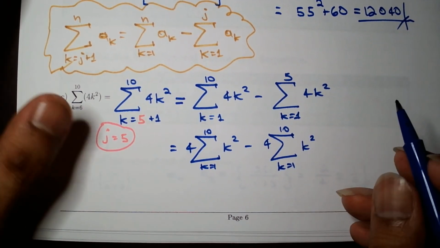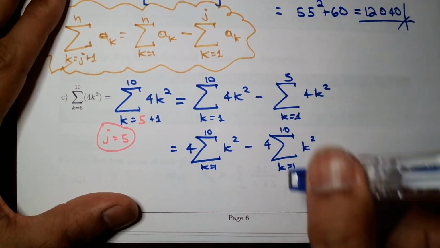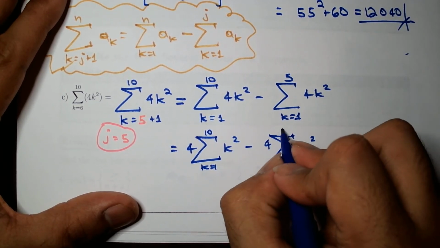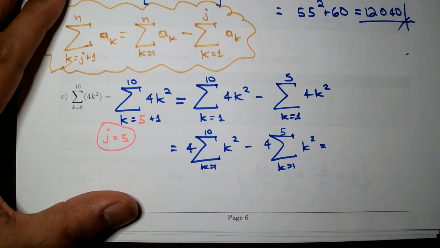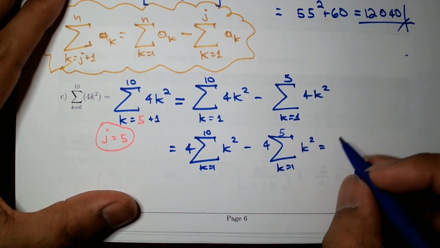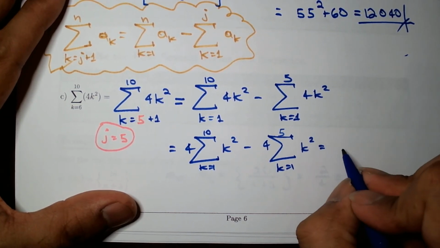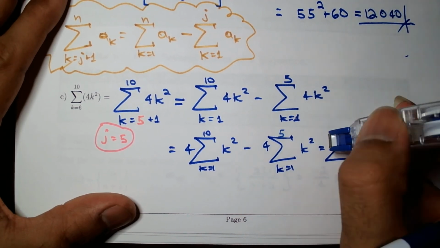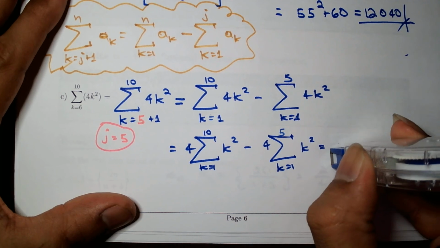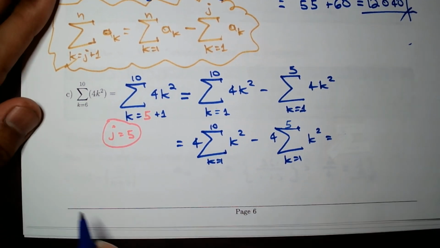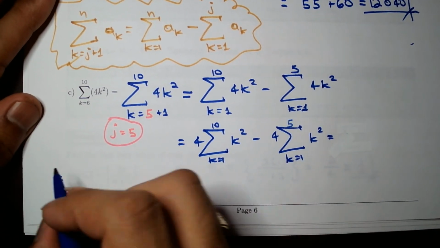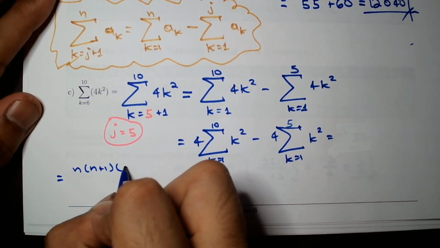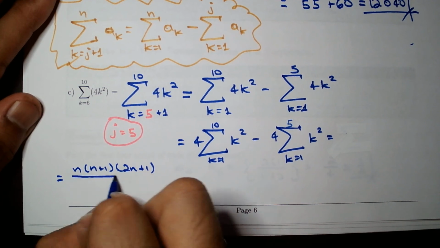On the one hand, wait a minute, this one goes all the way to 5, not 10. Oh, no more sigma notation, by the way.